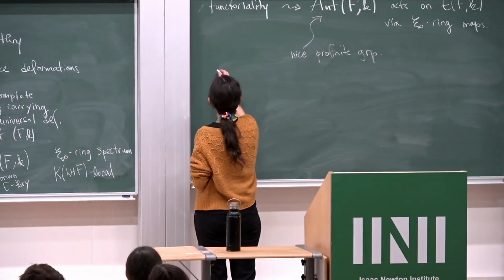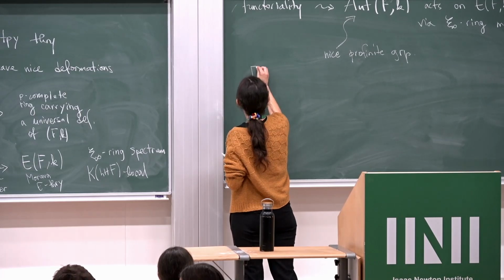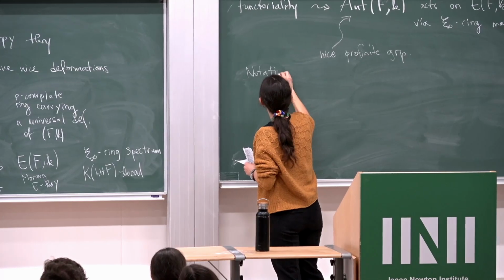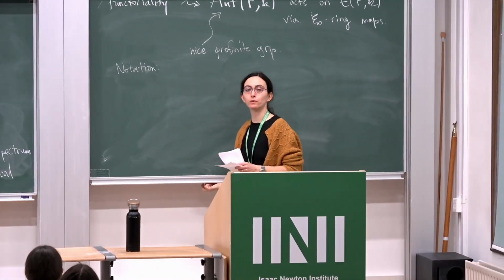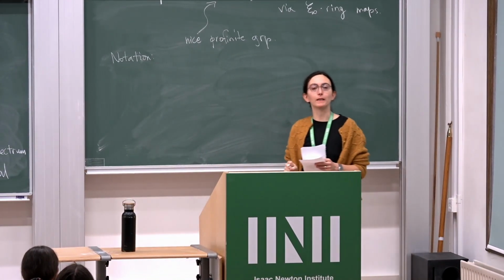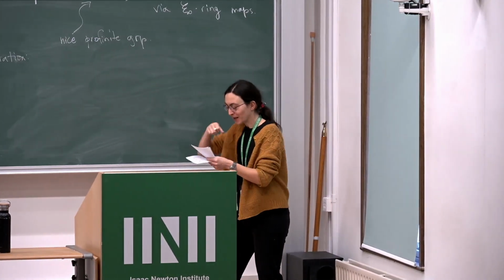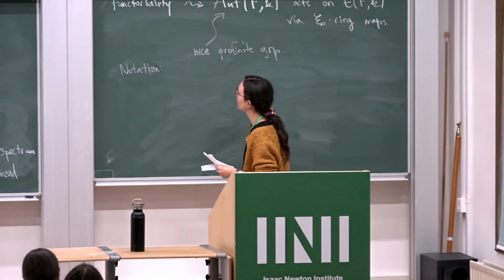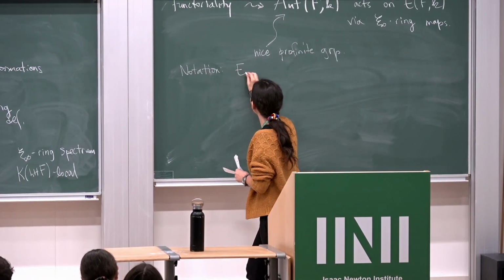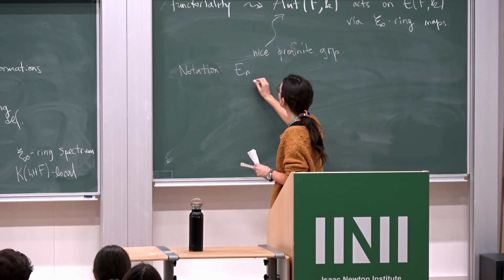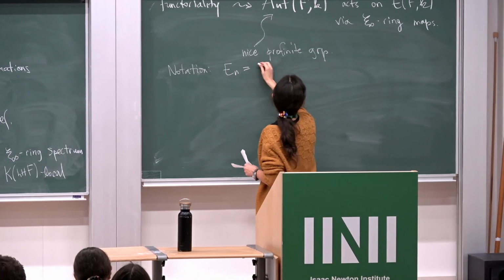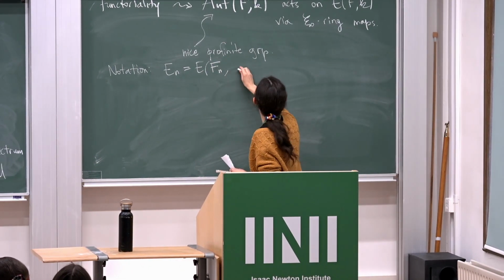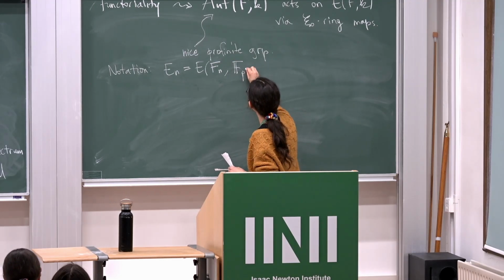So for example, if we choose the Honda formal group law, let's do this notation, which I'm not going to follow very strictly. At some point it's important to go back to this functoriality, but for now let's say En is our shortcut notation for E of the Honda formal group law of height n, and the field is F_p^n.